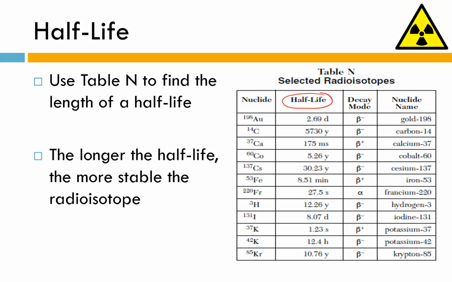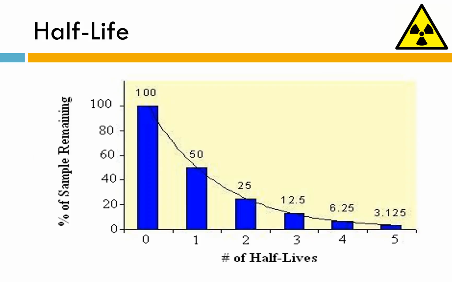But regardless of whether you have a long half-life or a short half-life, what nuclide you're looking at, half-life always follows the same pattern. So on the x-axis, we have number of half-lives. On the y-axis, we have percent of the sample remaining. So what percent of the atoms in our radioactive sample are still radioactive? If it's a little bit difficult to think about percent, you can think about this as being just atoms remaining.